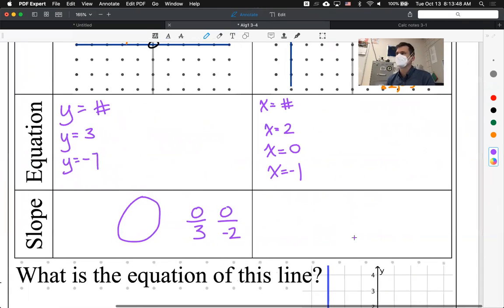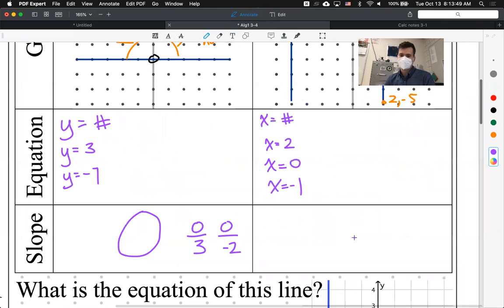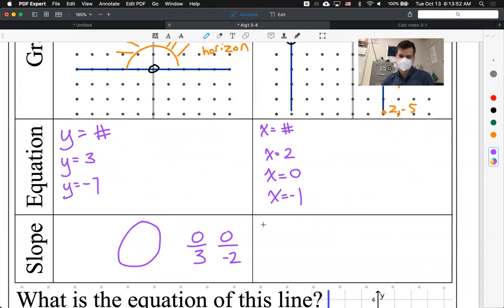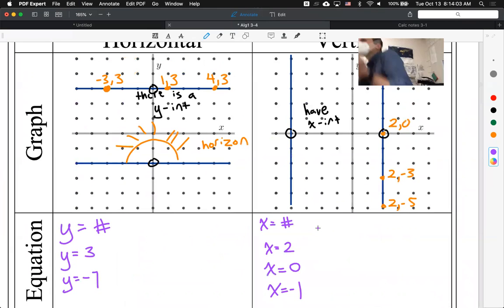Now this one is a little bit trickier. Again, if I use my equation for slope, I'll do it right here. If I say slope is equal to my change in y, my delta y divided by my delta x, my change in x, what would that be? I'm going to choose 2 points. Let's choose these 2, these bottom 2. If I go from 2, -3 to 2, -5, how much in terms of my y coordinates has changed?